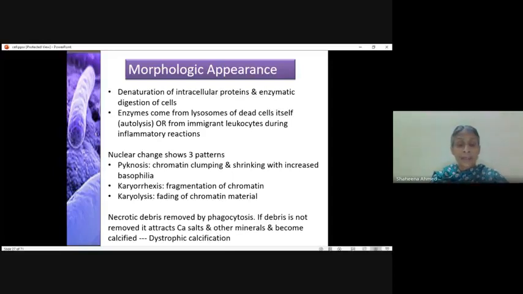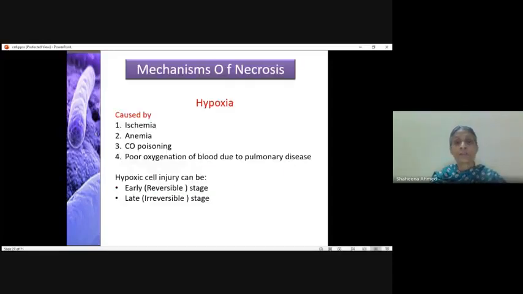All this necrotic debris is phagocytosed, and the particles which are not phagocytosed attract calcium salts and bind with them and form calcifications. This is known as dystrophic calcification.